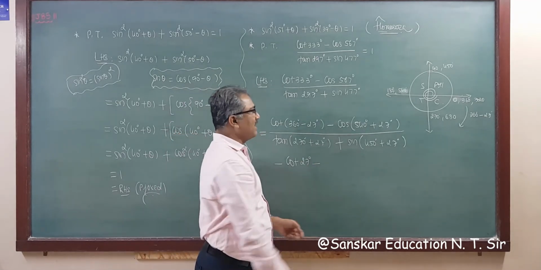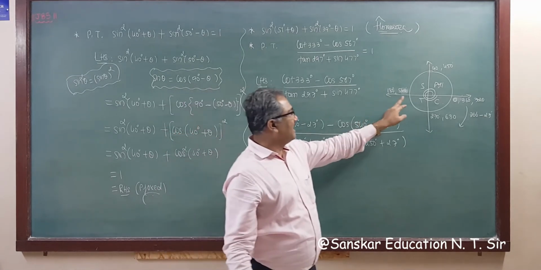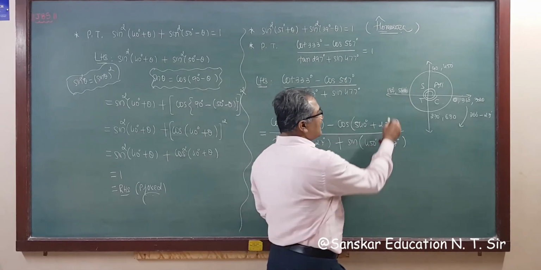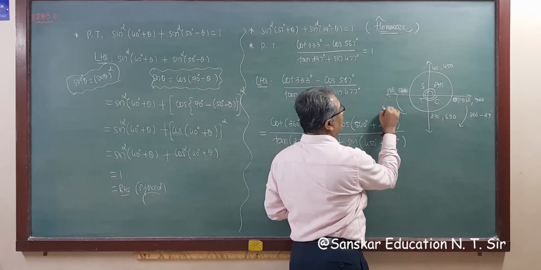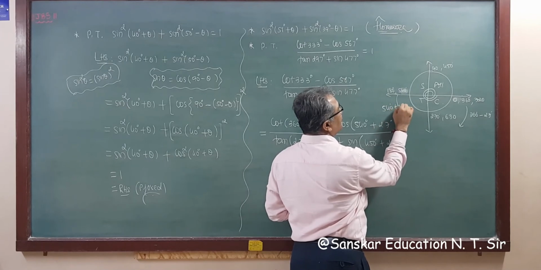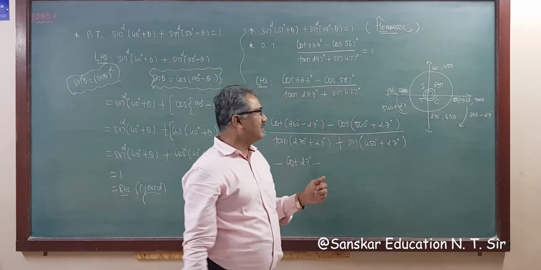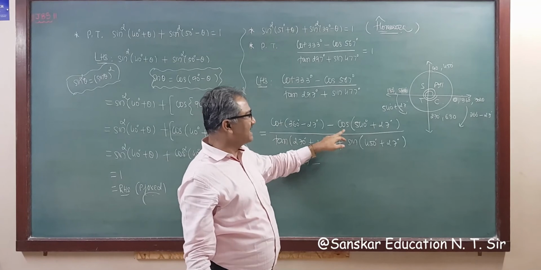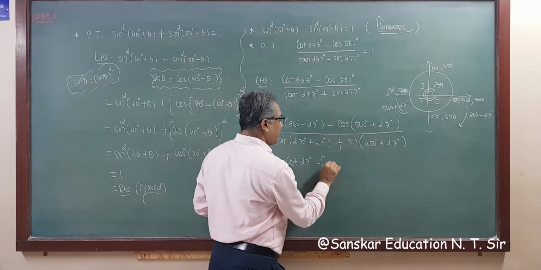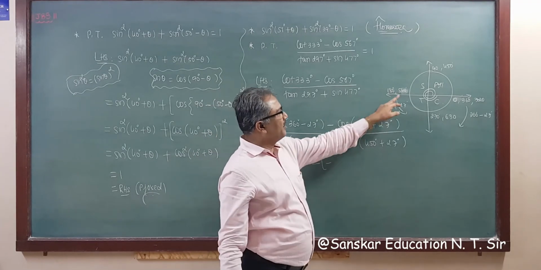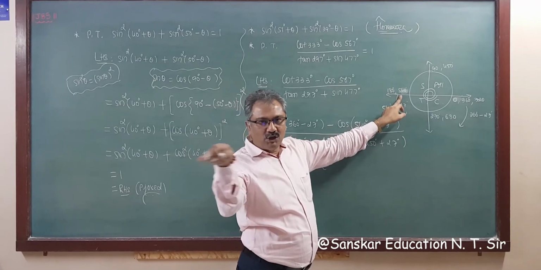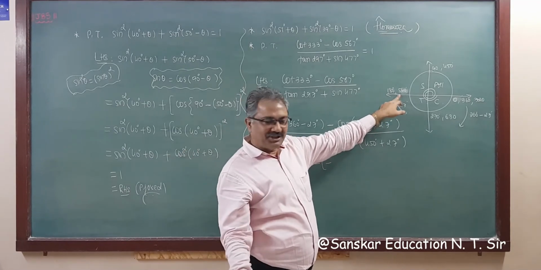Minus cos. 540 is here, plus means again in the third quadrant, 540 plus 27, third quadrant. Tan and cot are positive. This is cos, so the answer is minus. Change? Multiple of pi, horizontal line, no change, only vertical line changes, right?